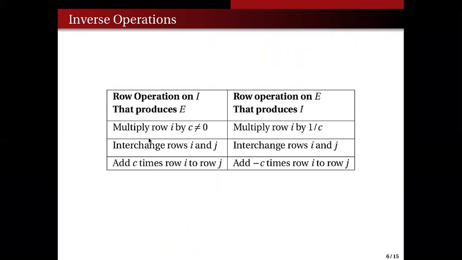And of course, for the first one here, if you multiply row 1, say by 5, the inverse will be multiplying row 1 of the identity matrix by 1 over 5. That's what it says here. Okay? Questions so far?